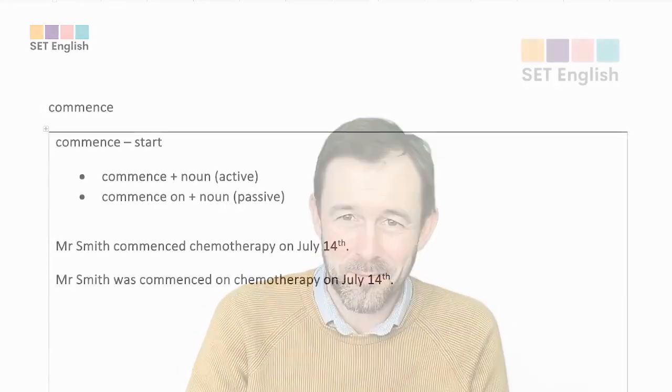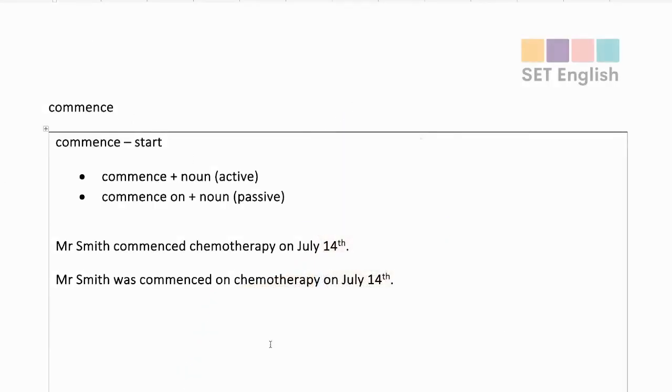Okay, I know what you're thinking. Why? It's just the rule. That's just the way it is. With language, you know, in English, the rules don't always make sense. Okay, so here he was commenced on chemotherapy.